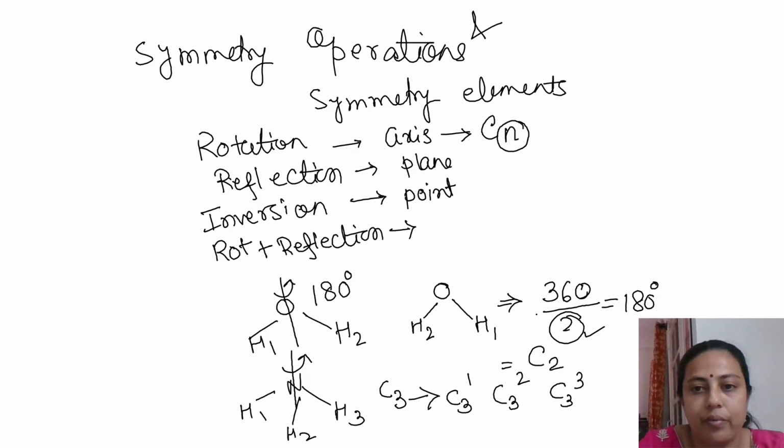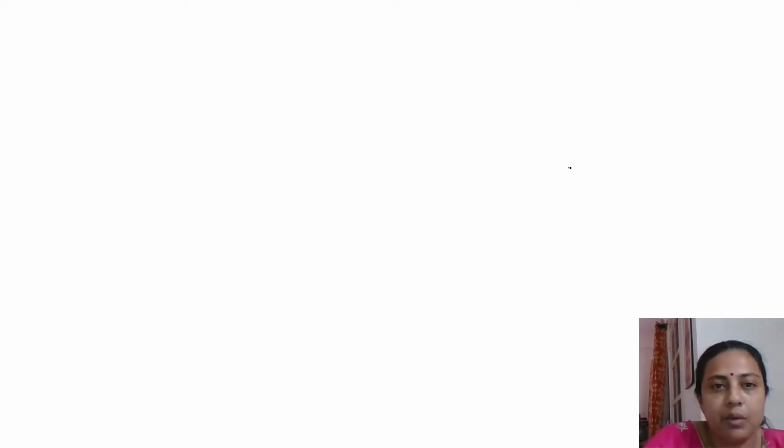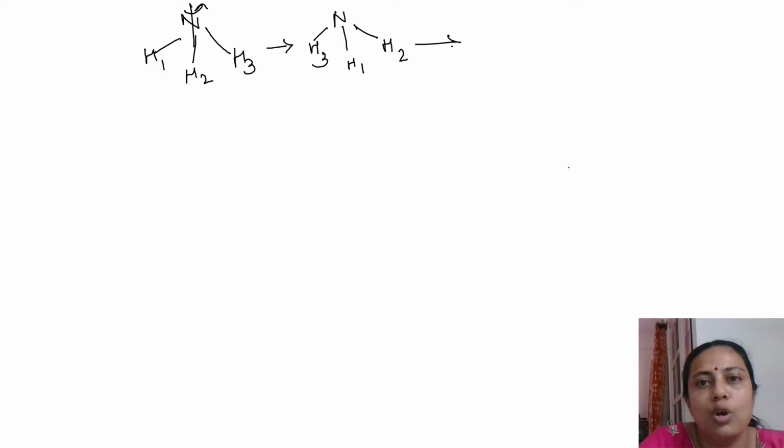That means for ammonia, if I rotate by 120 degrees, then H3 will come in place of H1, and H1 will go in place of H2. So this is a 120-degree rotation.